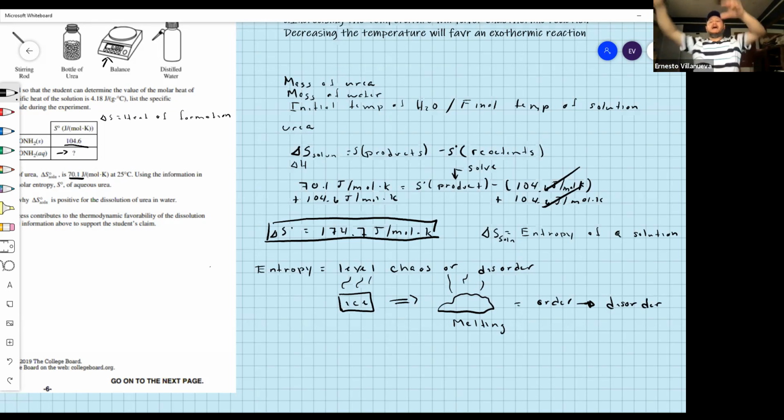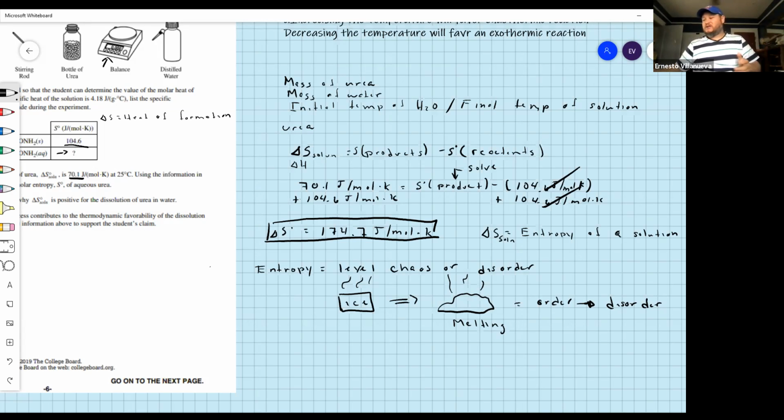Because in a solid structure, your compounds are very packed together, right? They're in a rigid frame. They don't have much movement. When that begins to change from a solid to a liquid, from a liquid to a gas, you're taking that ordered, organized shape and introducing disorder, okay?